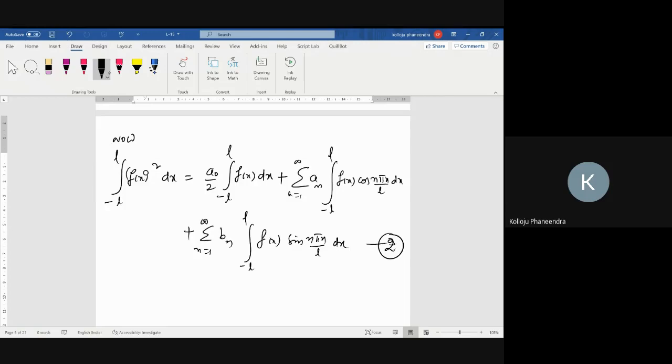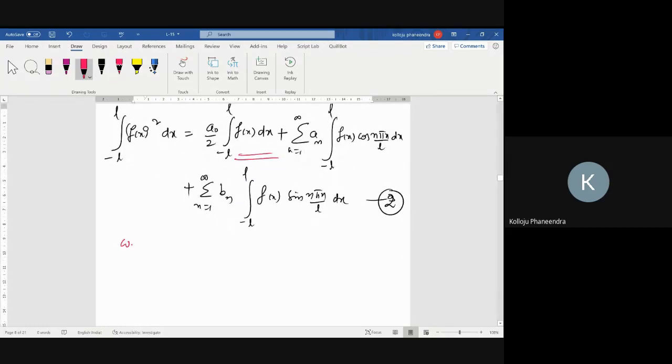But what we have, let me write. What is the a naught formula? a naught equals 1 by L integral minus L to L f of x dx. From this, the value of the integral f of x dx is L into a naught.